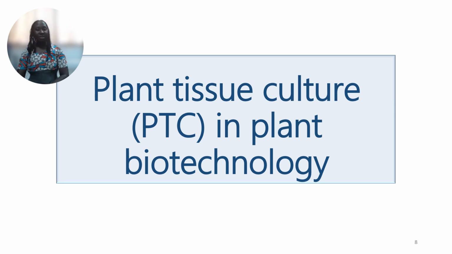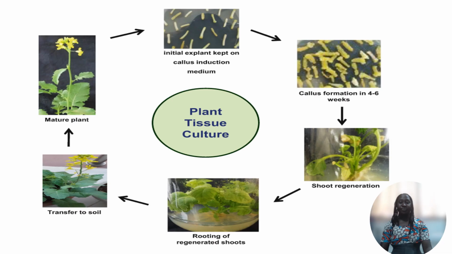So generally, as I said earlier, we will do much of the plant tissue culture, not everything, but at least to shed light on what happens around plant tissue culture. Generally, plant tissue culture starts with a mother plant. We shall see what a mother plant is, which can be cut into pieces known as explants, and these explants may be treated and introduced in a nutrient medium to get the callus. Then we can play around again with the nutrient media, especially with growth regulators like cytokinins and auxins, to get the plantlets.